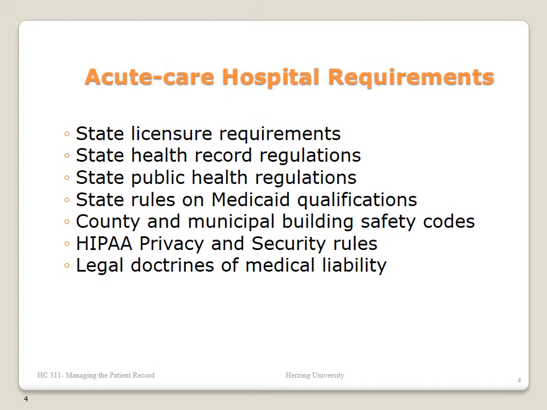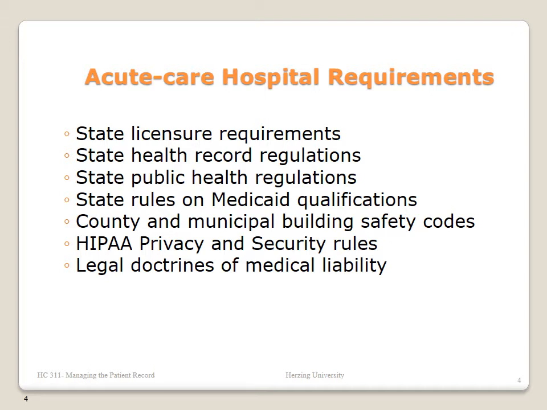Just as a further example, this slide lists the various rules, codes, and regulations that must be followed by hospitals. As you can see, they are on all levels: federal, state, and even county.